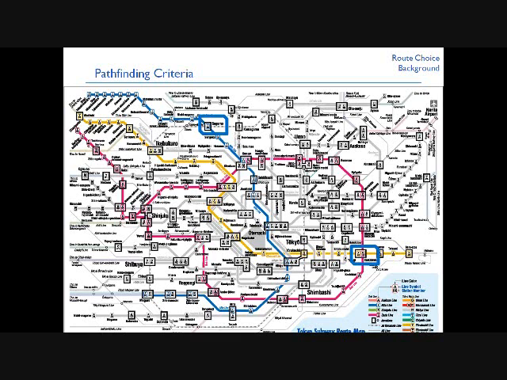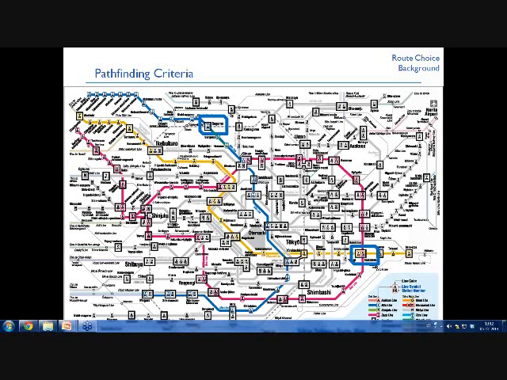So we can simplify the map and analyze only the lines that are interesting for this kind of trip and say, okay, maybe I can take the blue line here, then transfer at that station and go down to the destination station through the pink line. Or maybe at the origin I can take, of course, the blue line, but come further to the south and then transfer at this station through the yellow line and then arrive at the destination.